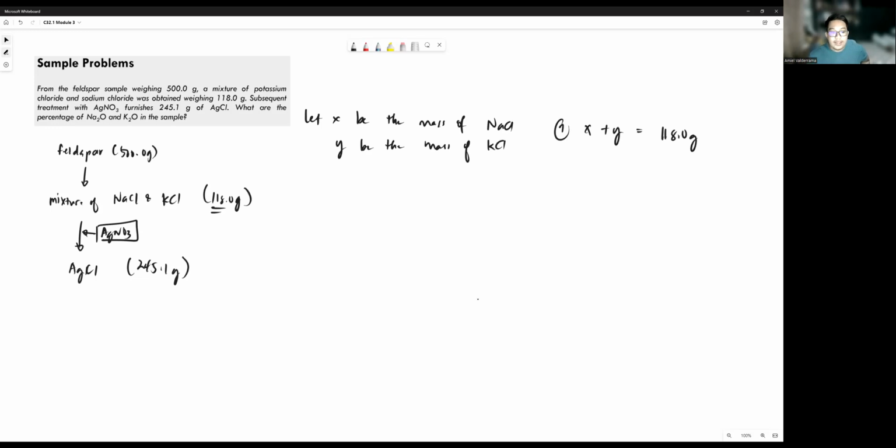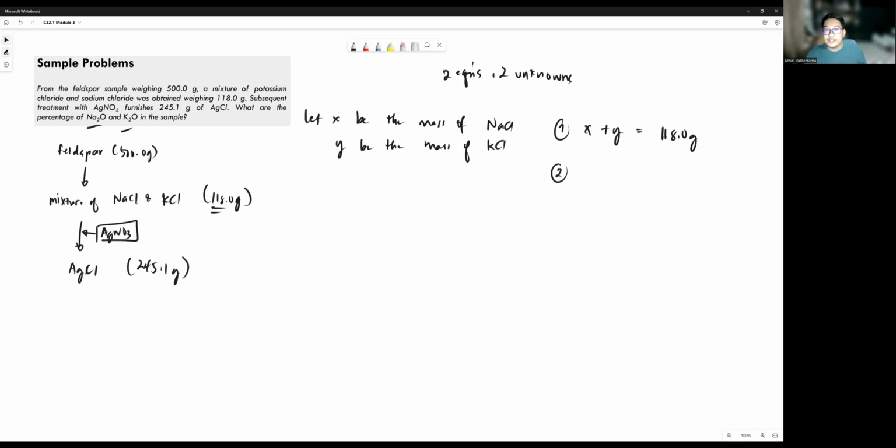And on the next representation, number 2, what will be our next equation? Since we have two unknowns, we can apply two equations, two unknowns.